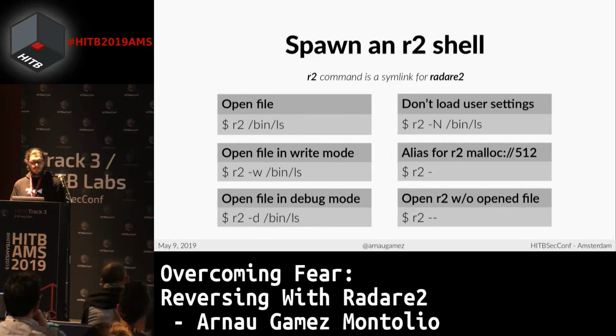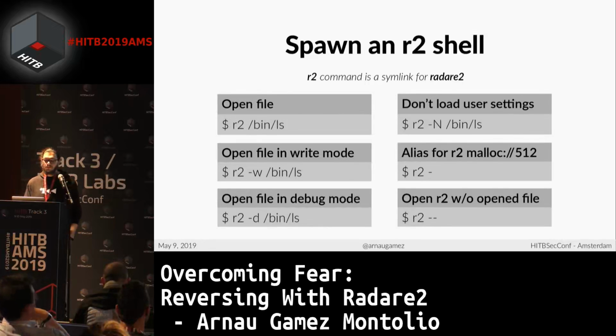And if we want to debug, so it can run the process and attach to it, we'll discuss a little bit about how debugging works afterwards. In a debugging session, we have to use the -d flag when opening. Then there is another interesting flag, for when I don't want to load any user settings or custom settings.